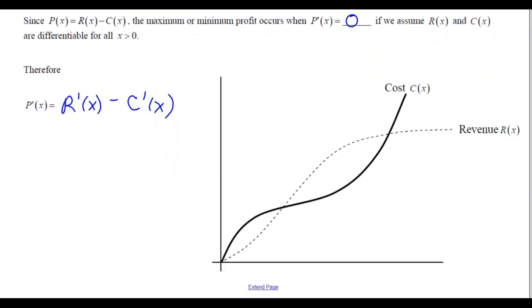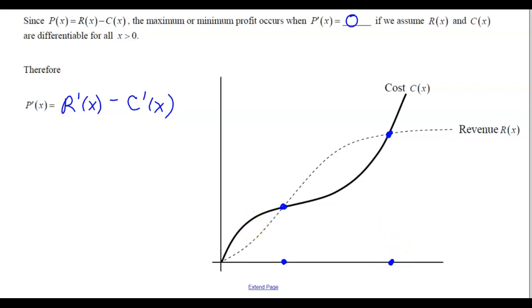We have an example here of just one particular revenue function and one cost function. If you think about what the profit function would look like, profit is revenue minus cost. So where these intersect, the profit's going to be 0, right? Because it's going to cost the same to make them as the amount of money coming in. So your profit function would have x-intercepts there.